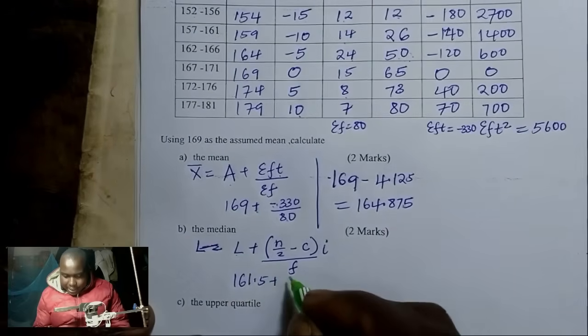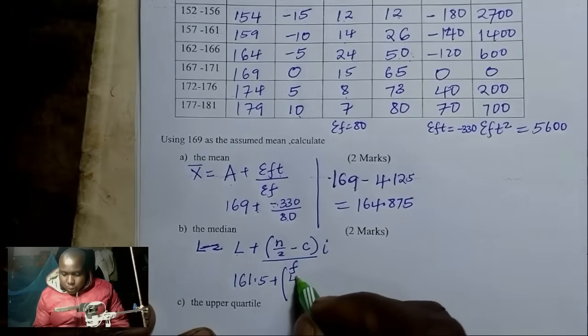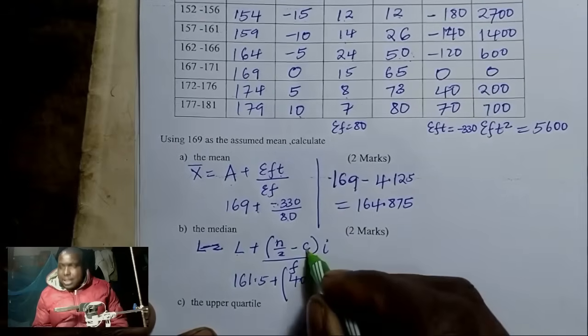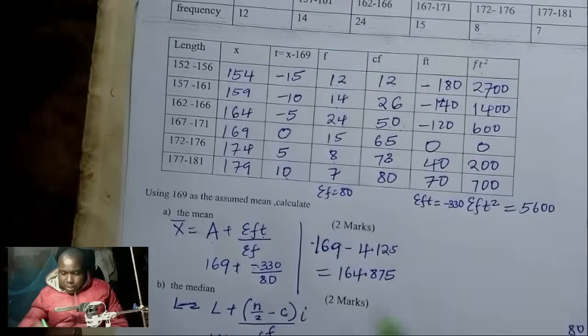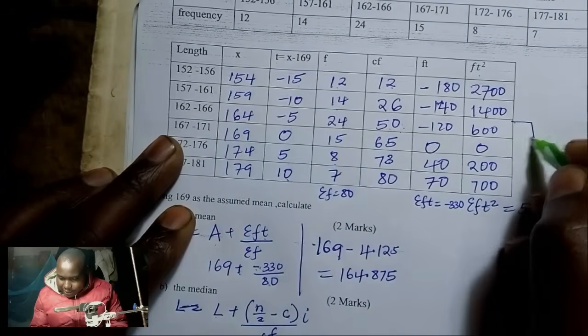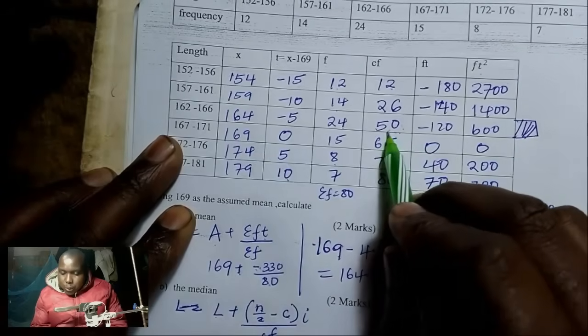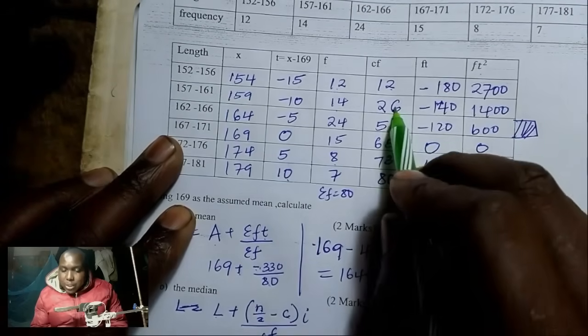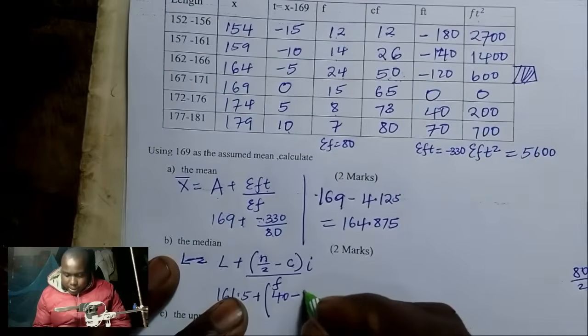161.5 plus, you open bracket, N is 80, 80 divided by 2 is 40 minus C. What is C? C is the cumulative frequency above. So our median class, we said it is this one. This is our median class. So the cumulative frequency above our median class is 26. That is what is called C, which is 26.